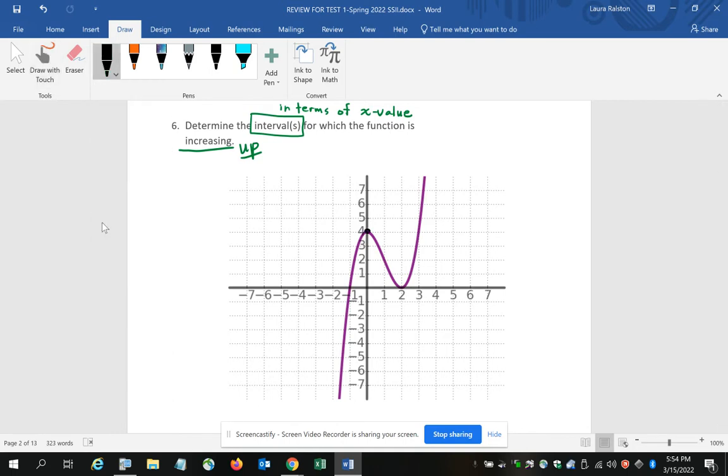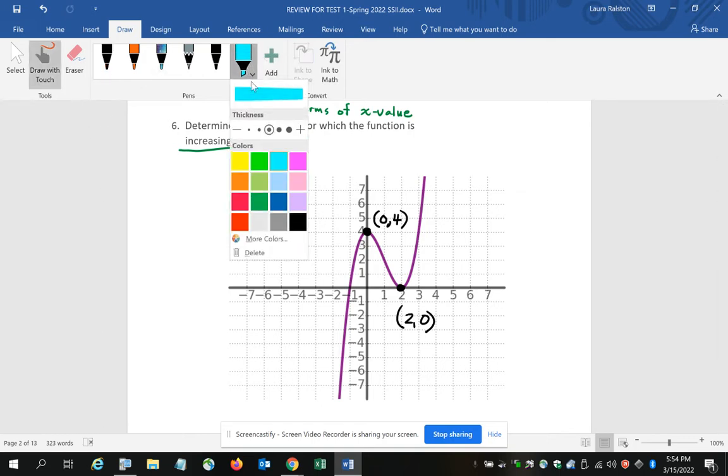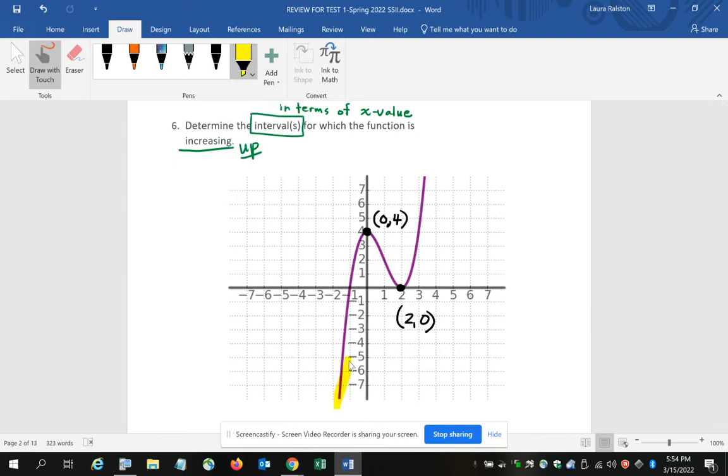So again, I want to look at those key points where the graph appears to be changing direction. It's the same graph, so it changes direction at (0, 4), and it changes direction at (2, 0). But this time I want to look for where the graph appears to be going up. So it appears to be going up on this section as well as this section.